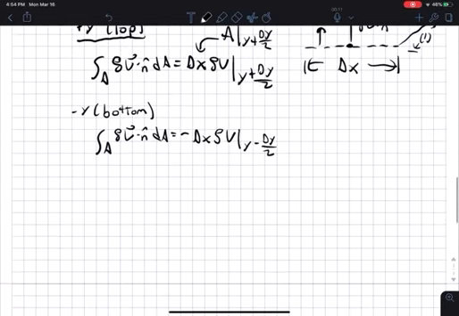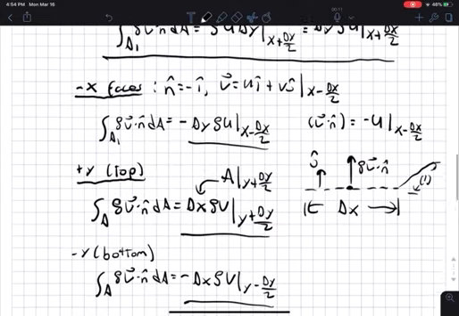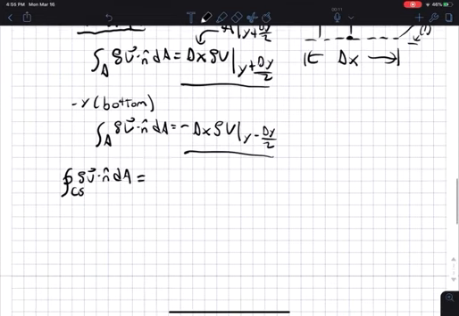So now, to find the surface integral of rho v dot n hat dA, we just walk around the control volume and add up all of our approximate integrals that we found earlier. This one, and then this one. So we just add them all up.